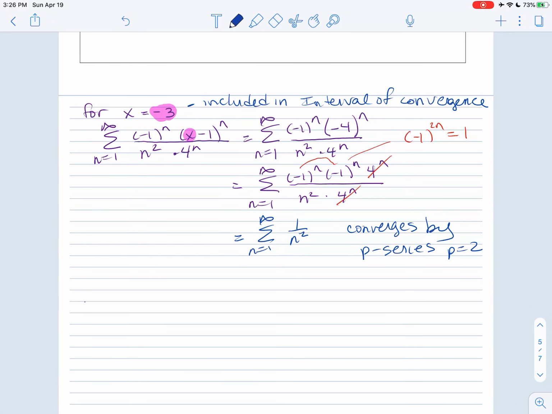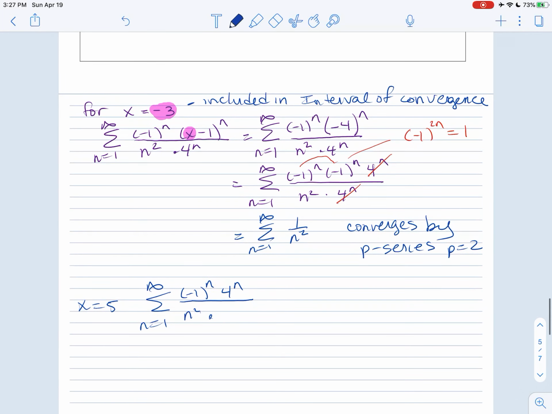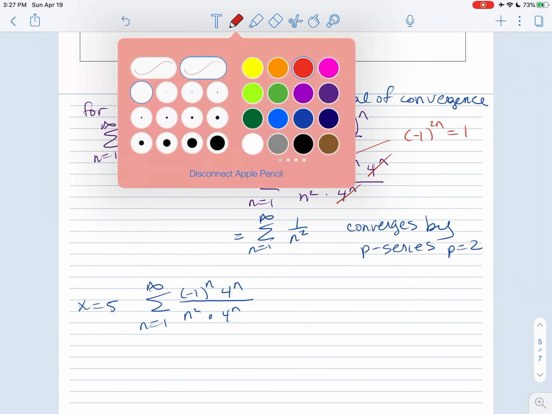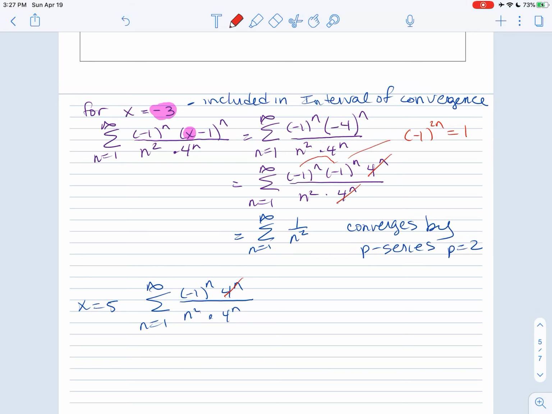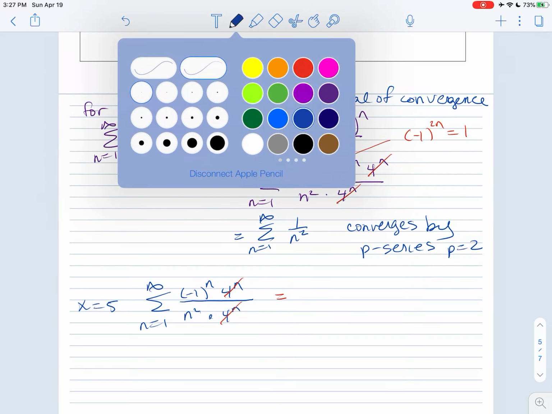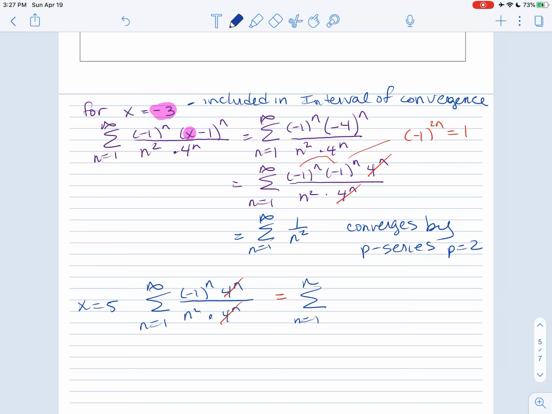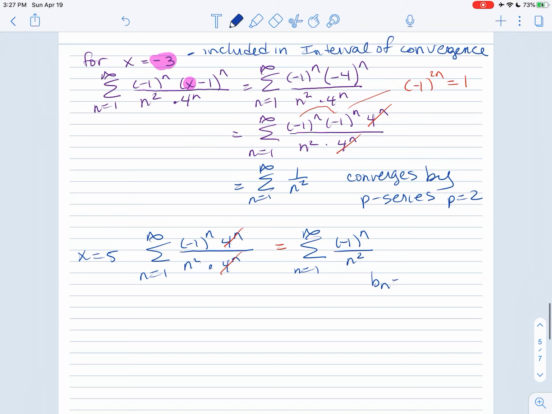All right, so let's test x equal to 5. For x equal to 5, which is the other endpoint, I have the sum from n equal 1 to infinity of minus 1 to the n, and wherever x appears, I'm going to substitute 5, and so 5 minus 1 does equal 4 to the nth power, and times n squared over 4 to the n. And here I don't have to do any real algebraic manipulation other than canceling common terms in the top and bottom, and I end up with an alternating series, which is minus 1 to the n over n squared.